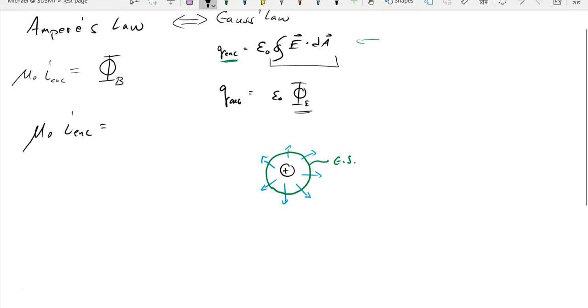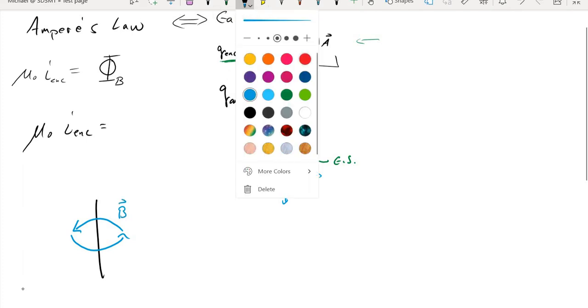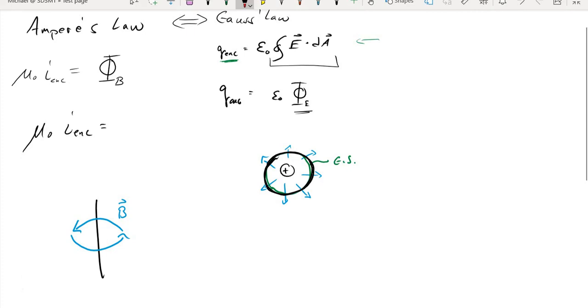Now here's the major difference between the two. With Gauss's law, we had our electric fields passing through a surface area. With Ampere's law, we have a magnetic field that is going to be orbiting around our current. And what we want to do is we want to lay down a path for that magnetic field to follow.